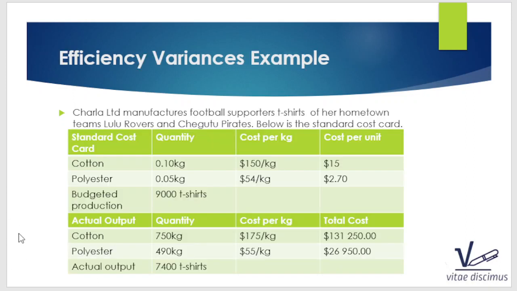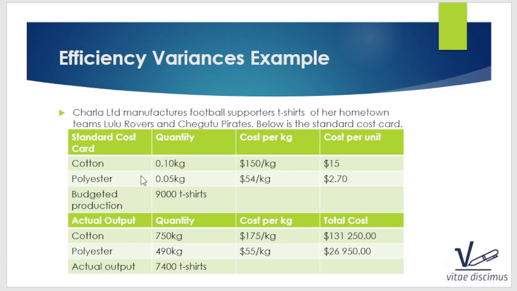So to apply these principles, we want to look at a question here for Shala Limited. Shala Limited manufactures football supporters t-shirts of your hometown teams, Lulu Rovers and Chegutu Pirates. Below is the standard cost card. Each t-shirt requires two types of material, which are cotton and polyester.